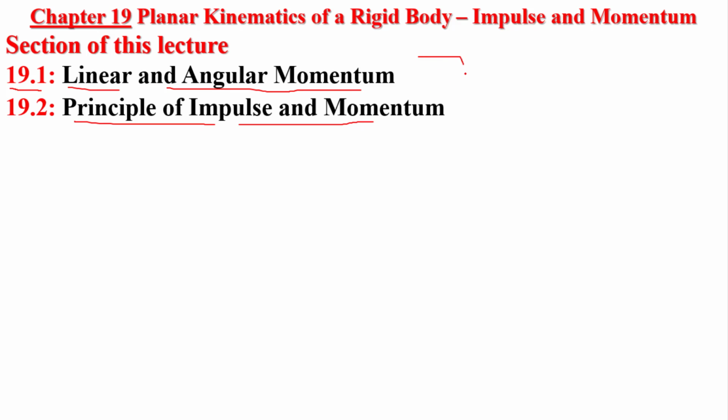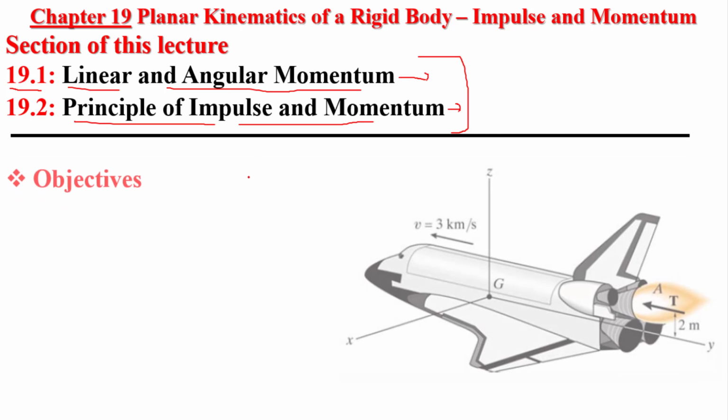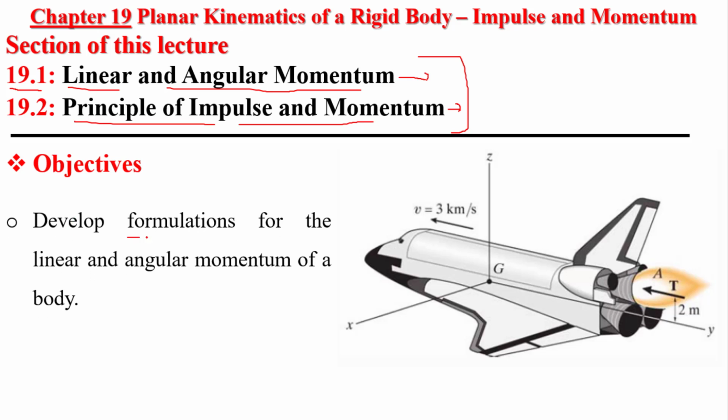Both of these sections are connected even in the book, so there are no separate problems for each, and we will talk about them together today. So the objective of section 19.1 is to develop formulations for the linear and angular momentum of the body.